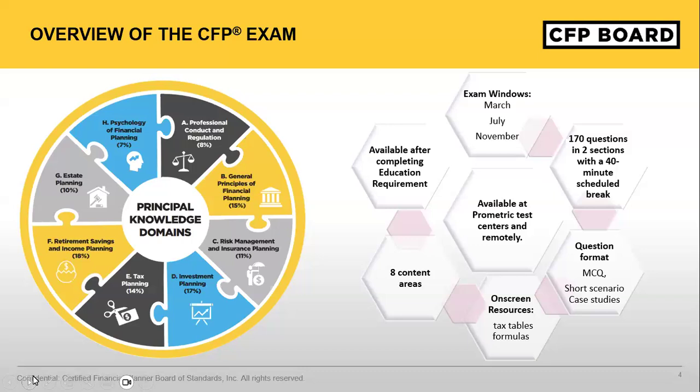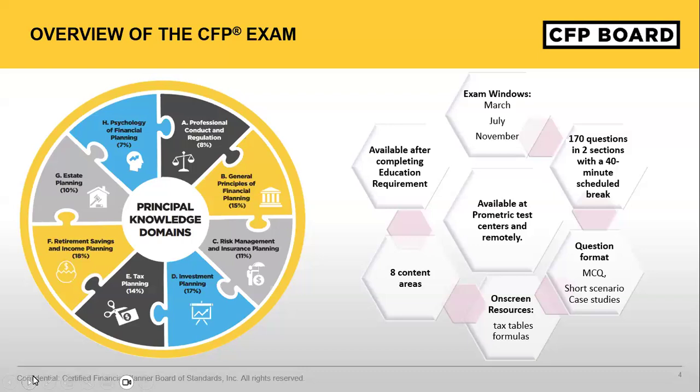Finally, we have the case study questions, which are typically pages of a case pertaining to a scenario, and then the candidates would have questions based on that case. All the exams are delivered at Prometric Testing Centers.